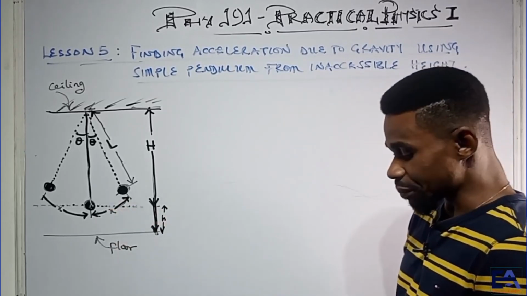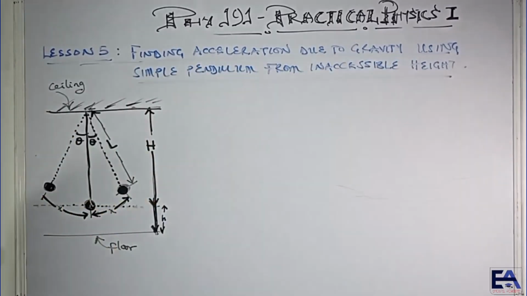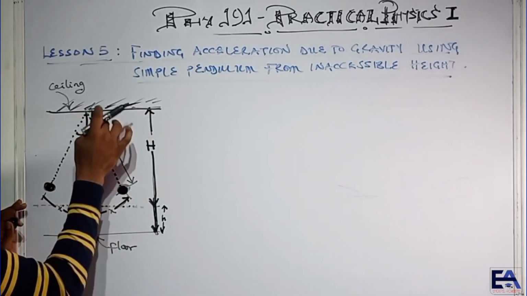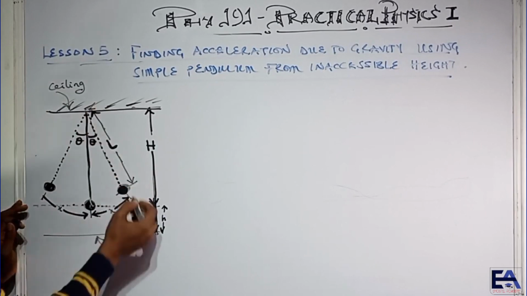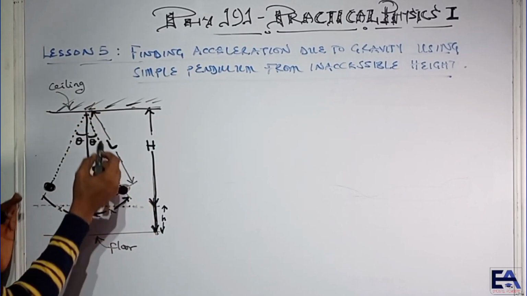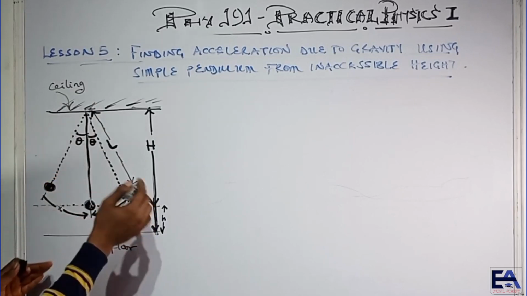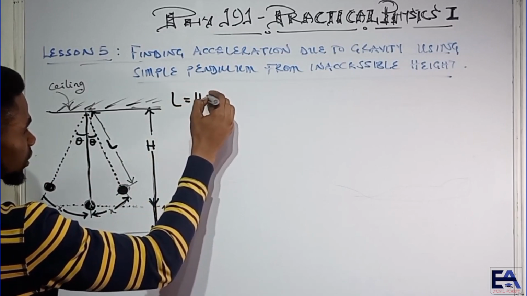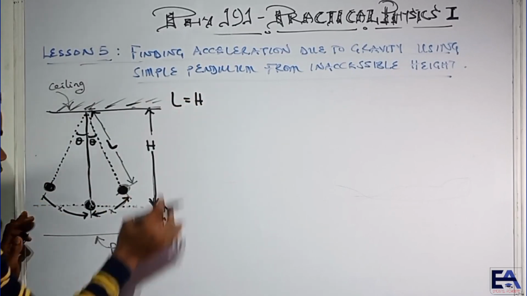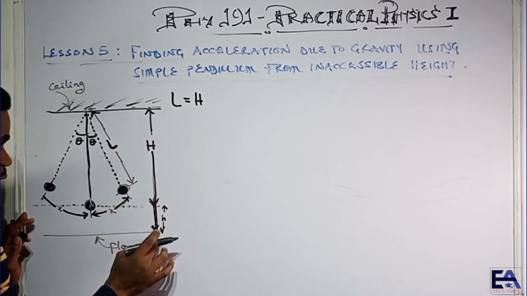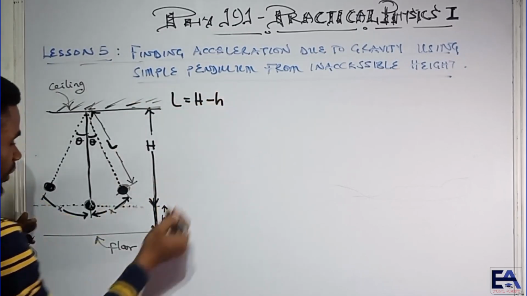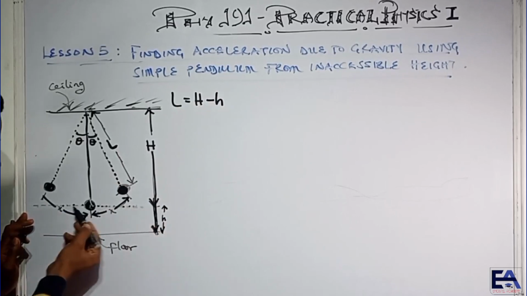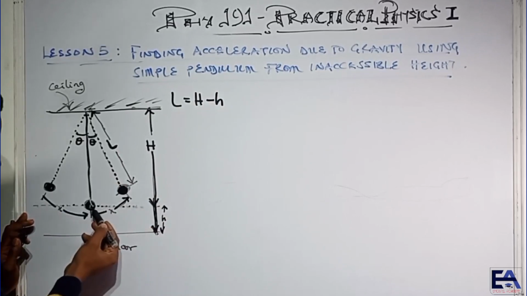So that simply means that if we plan to know the length of the rope, L, which is the length of the thread, then L is equal to H, the whole height of the room from the ceiling to the floor, minus small h, the height from the floor to the point of suspension of the pendulum bulb.